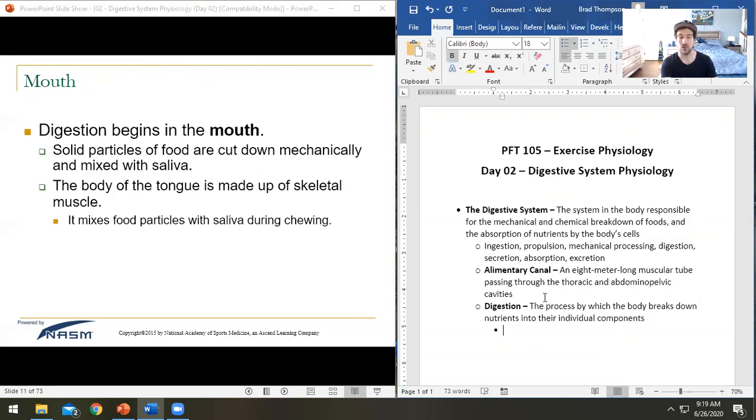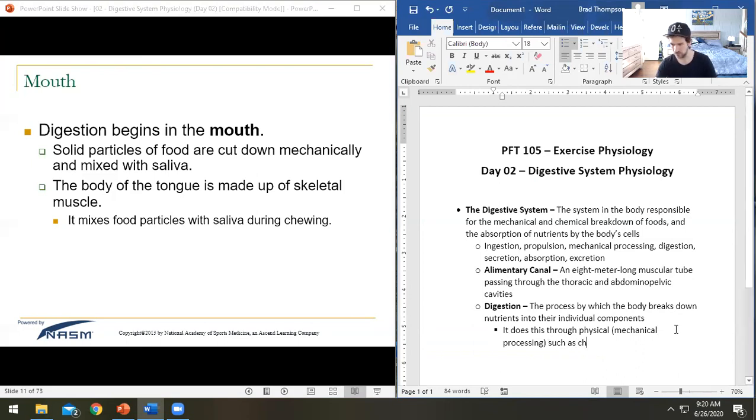It does this through physical or mechanical processing, such as chewing.